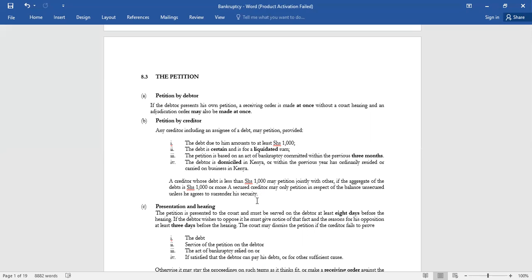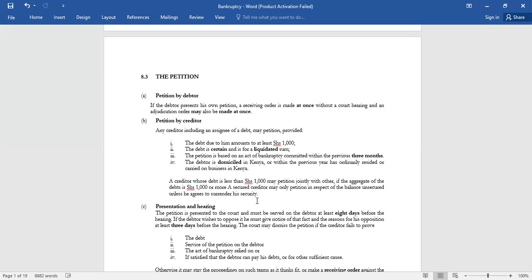Are we there? There are those people who keep a security for the debt they are owed. Let's say you went to a Shylock and they said, for us to give you the 1,000 that you are requesting as a loan, you have to give us your flat screen or flat TV to be security.